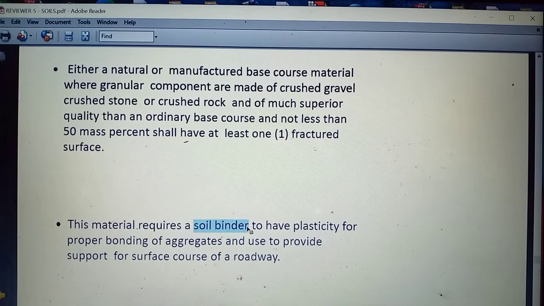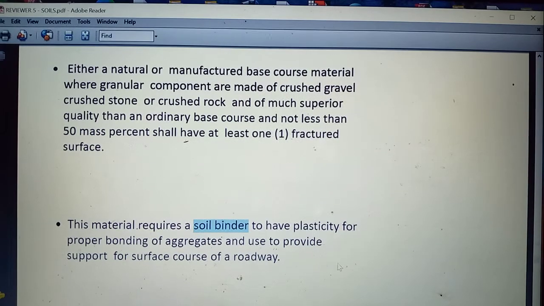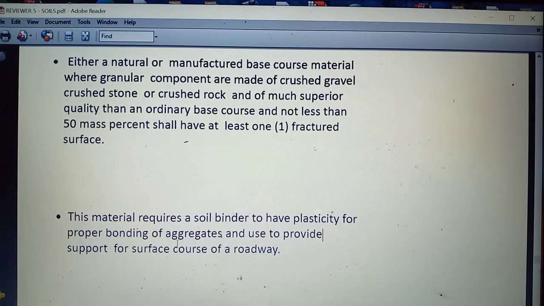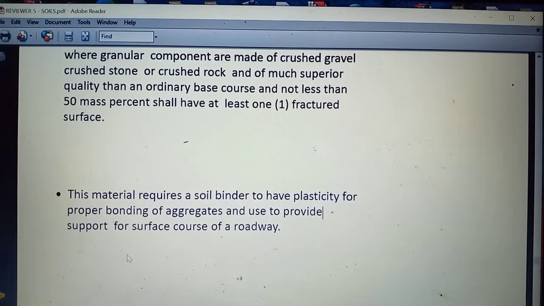So, to have a plasticity for proper bonding of aggregates to use for support for course of roadway. So, yung soil binder natin is yun yung non-granular materials. So, it may be a mixture of clay or any type of material na hindi granular.